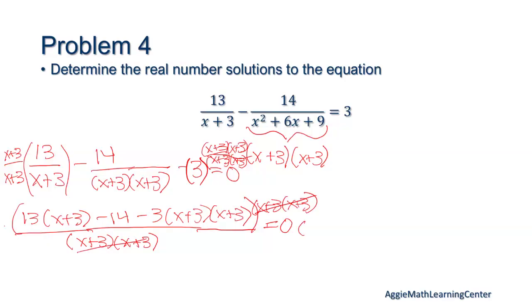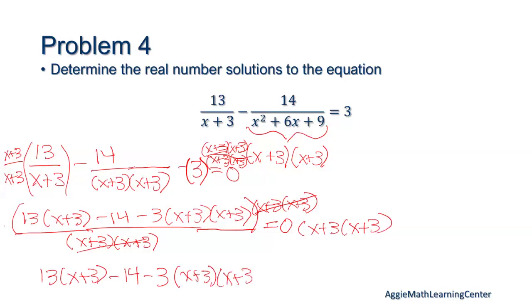Right. And then this would be times x plus 3. And it's still equal to 0. So I'll have 13 times x plus 3, subtract 14, subtract 3, times x plus 3 equals 0.